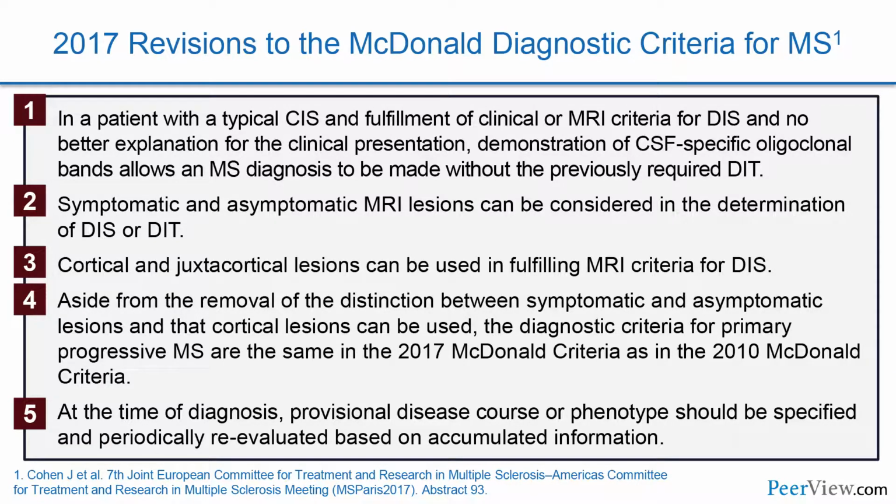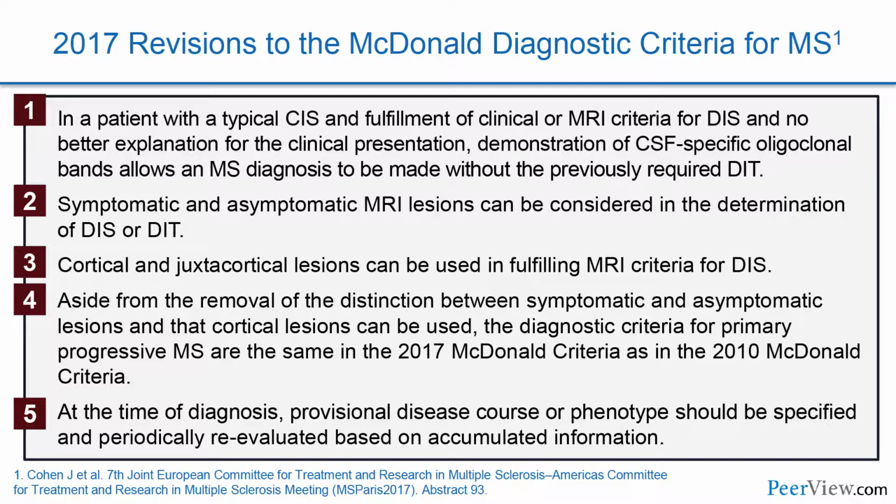Number one, in a patient with a typical clinically isolated syndrome, fulfilling the clinical and MRI criteria for dissemination in space, and no better explanation for the clinical presentation, demonstration of CSF with unpaired oligoclonal bands allows an MS diagnosis to be made. This is in addition to the old way, using the 2010 revised McDonald criteria, that would require further MRI evidence of dissemination in time.